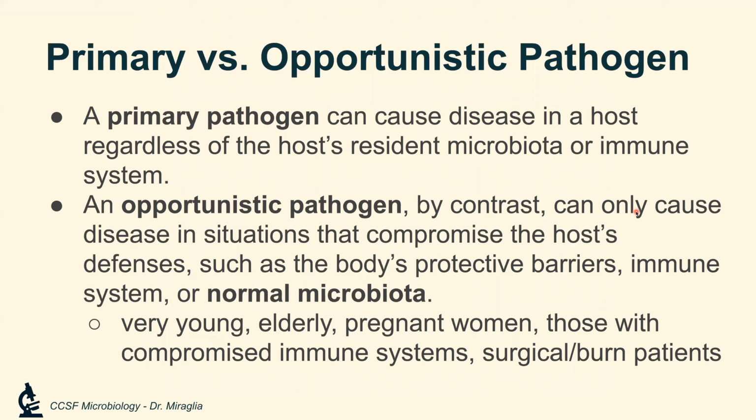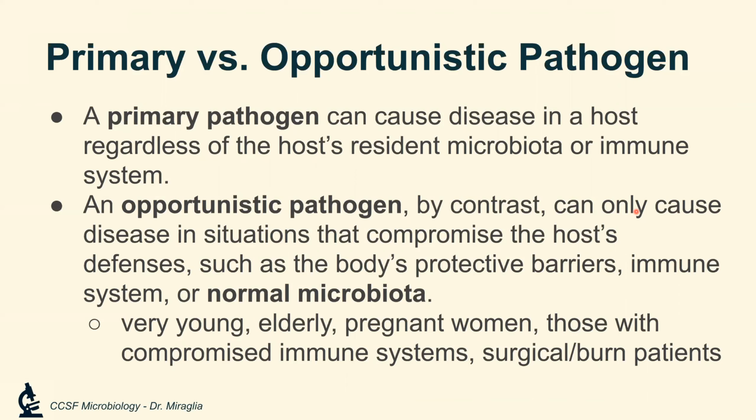What about primary pathogens and opportunistic pathogens? This is something we've been talking about when we talk about our disease of the day. So hopefully you're already feeling comfortable with this. But a primary pathogen is an organism that can cause disease in a healthy host. An opportunistic pathogen only causes disease in situations that compromise the host defenses.